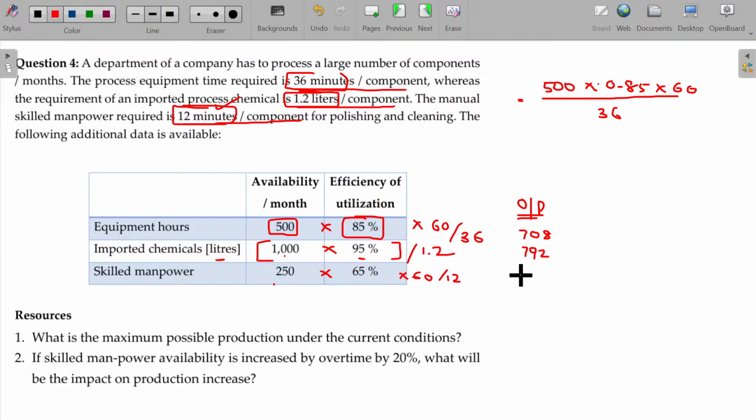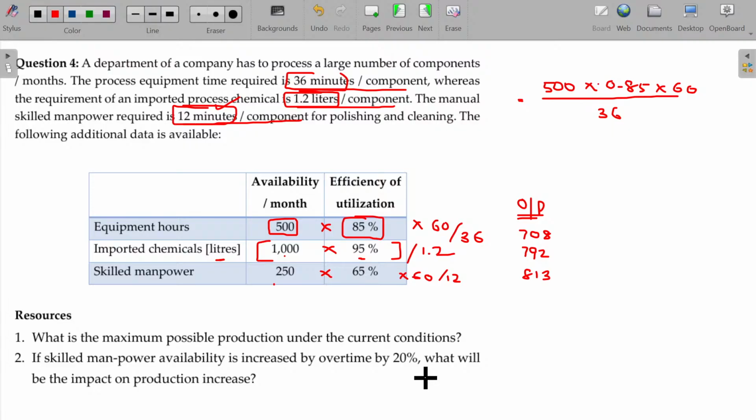Come on, what's the value? 830. So for the production, we need equipment, chemical, skilled manpower. Using the available equipment, we can manufacture 708, using chemical we can manufacture 792 units, and using the skilled manpower, we can manufacture 813.